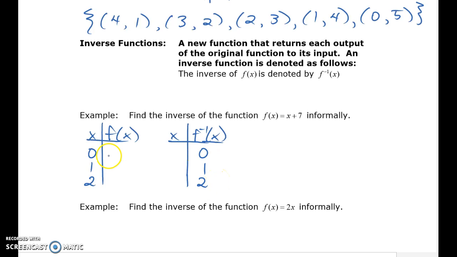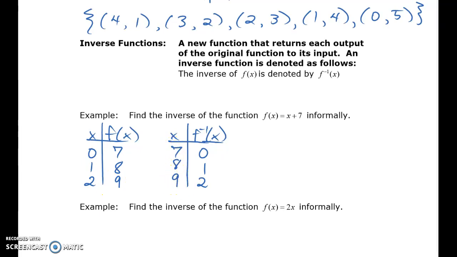I'm already preparing you to use pretty simple x's for the original function, but also flipping the x's and the y's, not knowing quite yet what I'll have for the input, because the input here will be the same as the output there. When we plug in 0, 0 plus 7, 1 plus 7, 2 plus 7, those outputs are the inputs of the inverse.